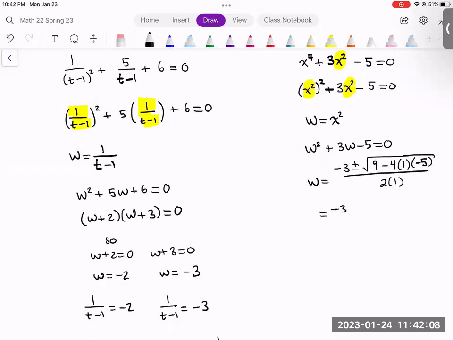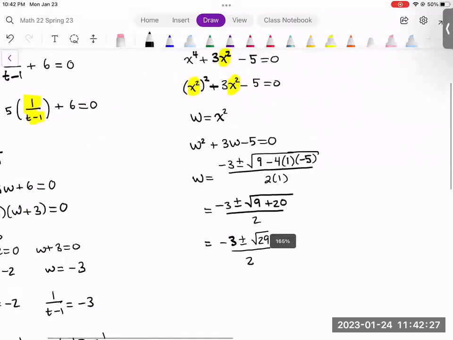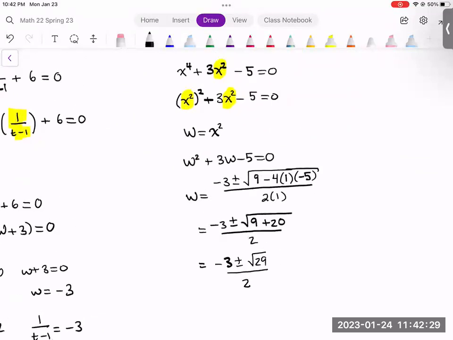And this simplifies down to being -3 plus or minus the square root of 9 plus 20, all divided by 2. Or -3 plus or minus the square root of 29 over 2. Okay. And this was what my x squared was equal to. So this tells me what my solutions are in terms of w, but not in terms of x yet.